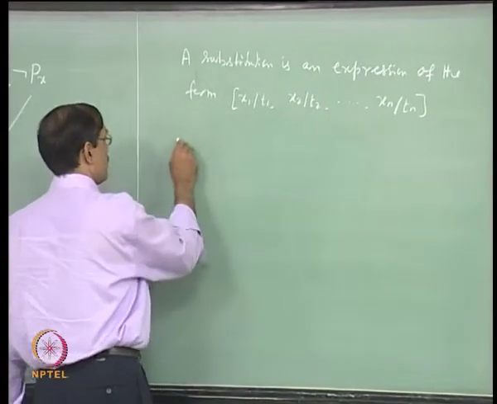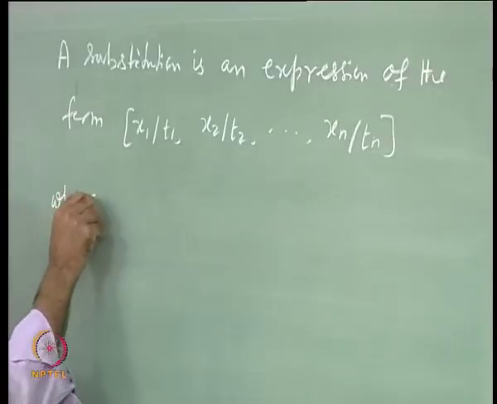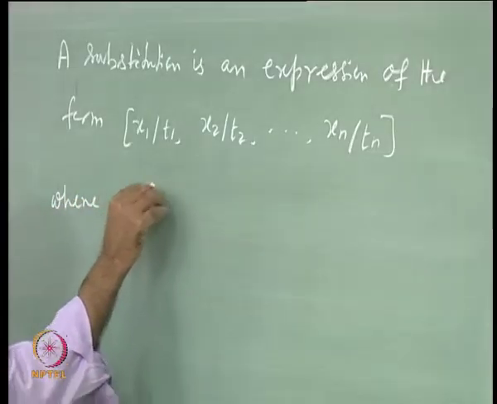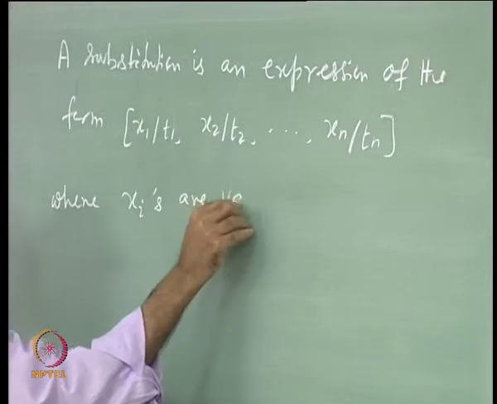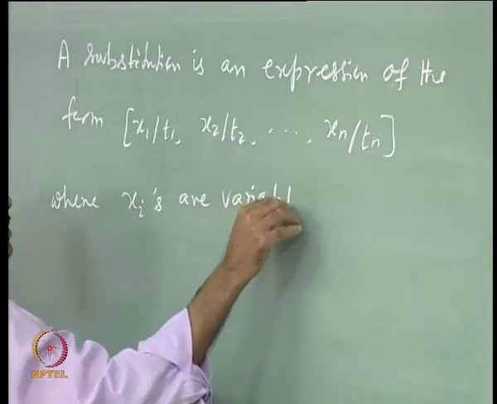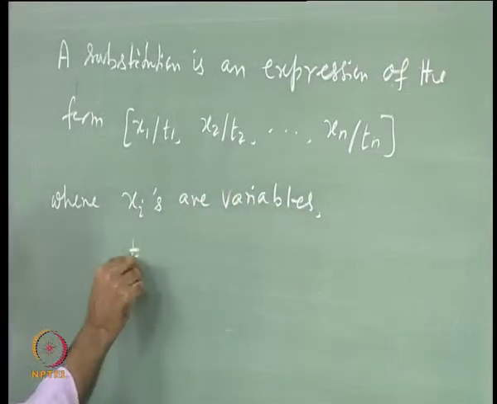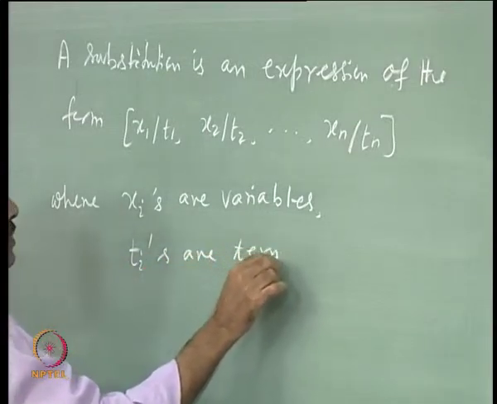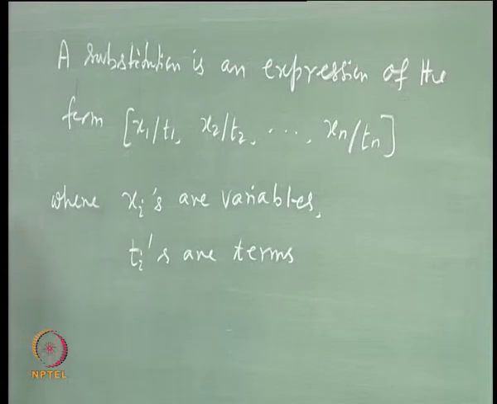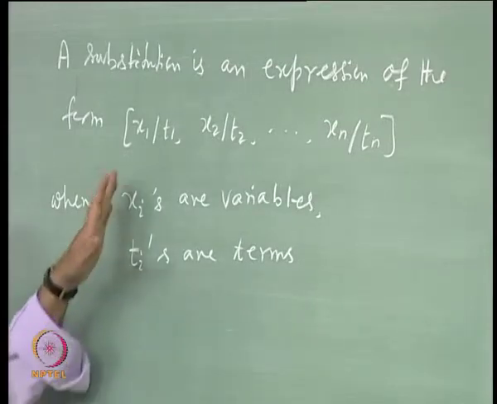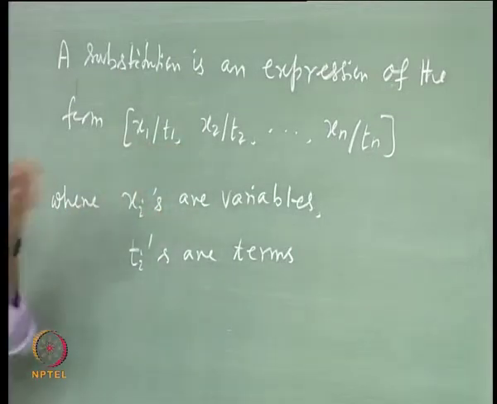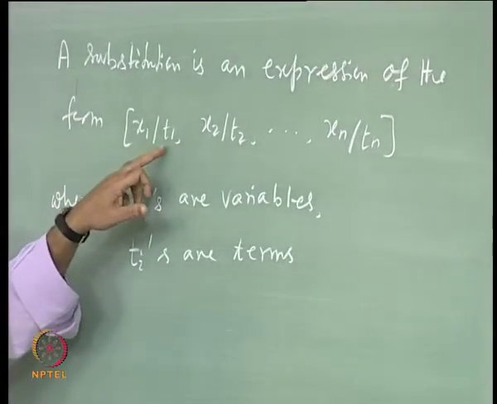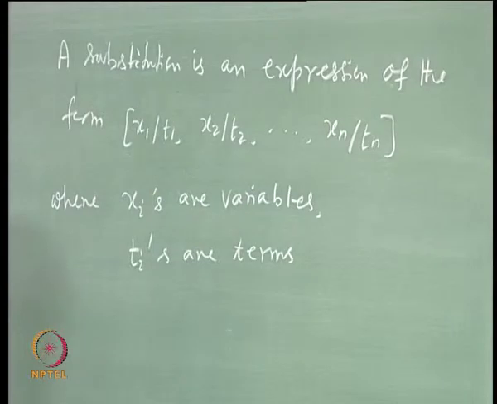Now, these xi's should be variables and ti's are terms. Something else we want, since we want it to be simultaneously substituted: suppose you have x by a here and also x by b there, then which one to substitute we do not know, right.